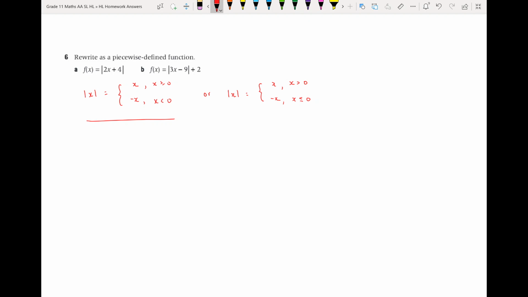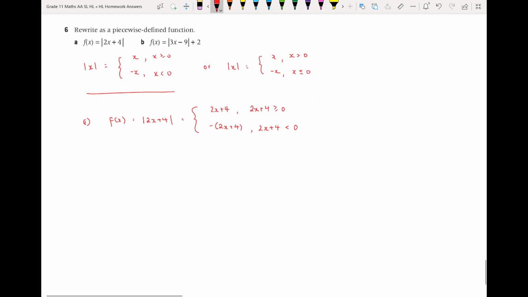So here, for a, we can pretty much just write it as this. It is the positive of the argument when the inside is greater than or equal to 0, and it's the negative of this when this part is less than 0.